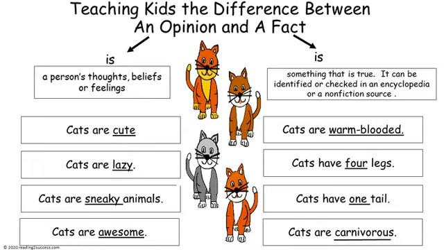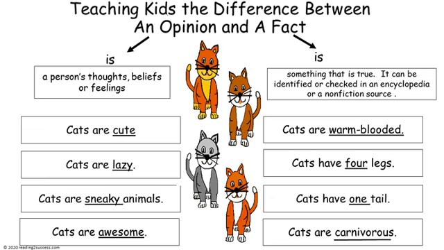Explain to kids that an opinion is a person's thoughts, beliefs, or feelings, such as the sentences, cats are cute, cats are lazy, cats are sneaky animals, and cats are awesome.